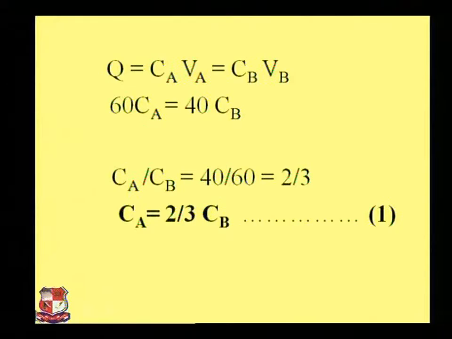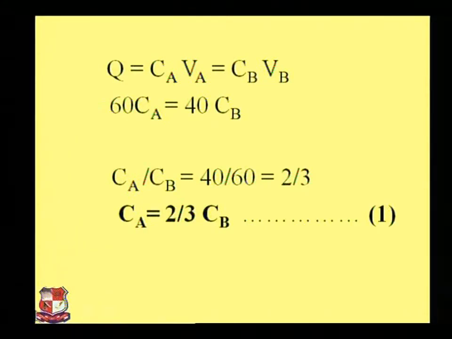So Q, the charge on a particular capacitor, is the same, and Q equals C into V. For capacitor A it is CA into VA, and for capacitor B it is CB into VB, and the charge is the same, so we can write Q equals CA VA equals CB VB.